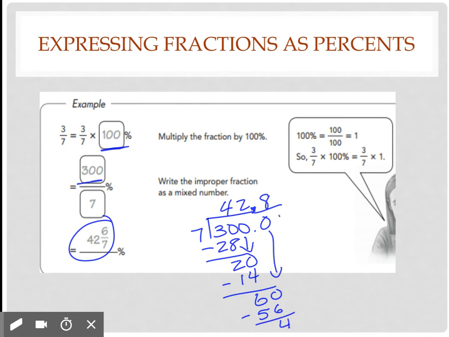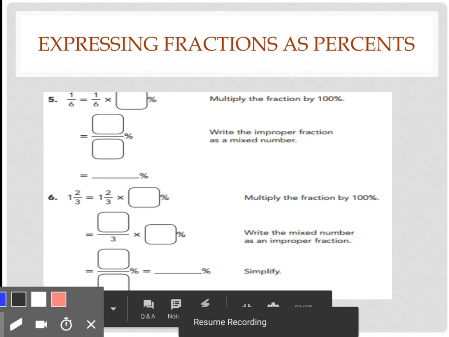Subtract. I have 4. Again, bring down another 0. And 7 would go into that 5 times. It would be 35. You'd be left with 5. Again, you can stop here at the hundreds place. So I'll accept a mixed number, 42 6/7 as a percent, or a decimal, 42.85%.